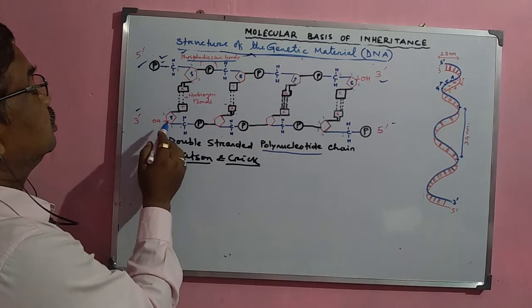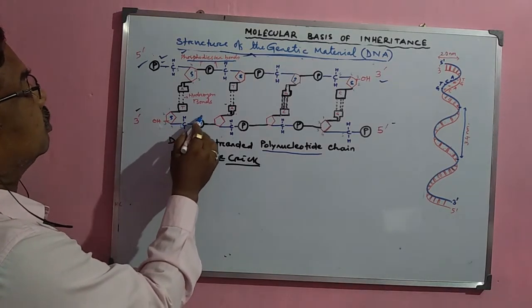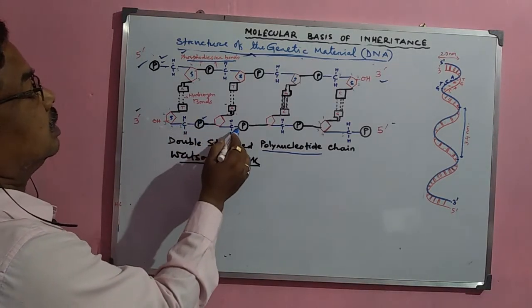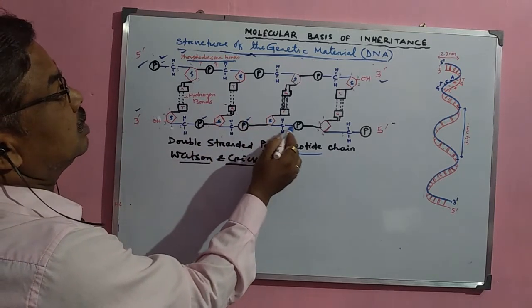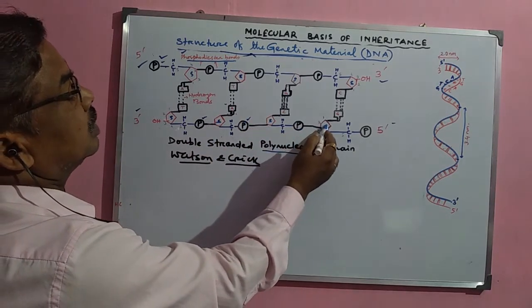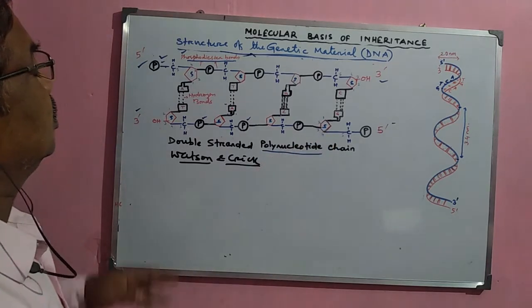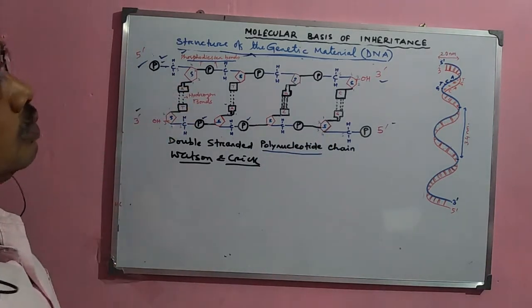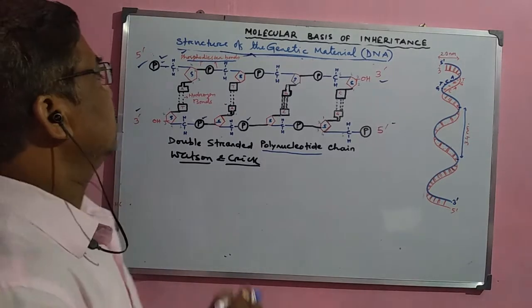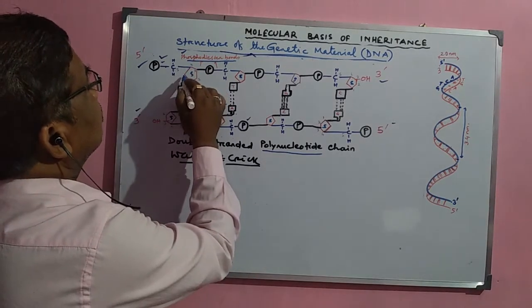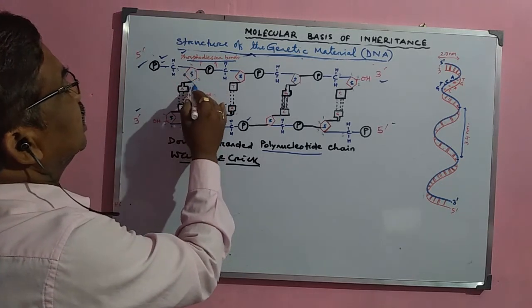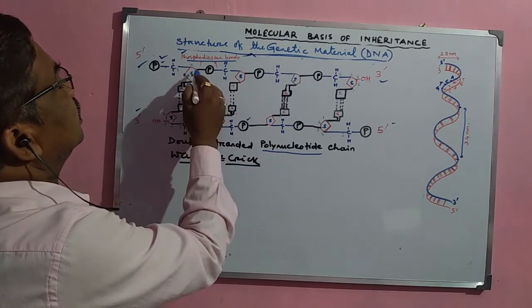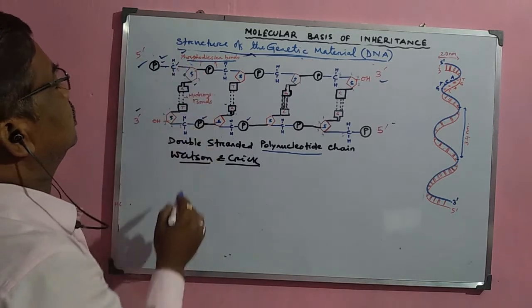Now, this is attached with phosphate here, then another sugar, another phosphate, another sugar, another phosphate, sugar and phosphate. But look at the structure of the sugar in this case. This is the structure of the sugar, where the first carbon is here and the second, third, fourth, fifth, in this way fifth is here.